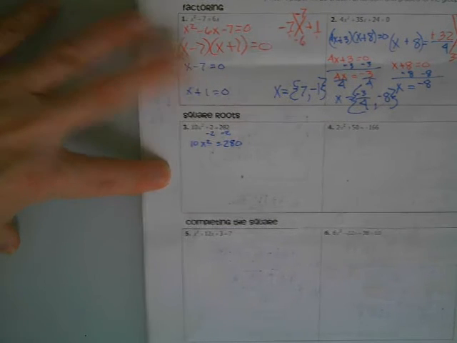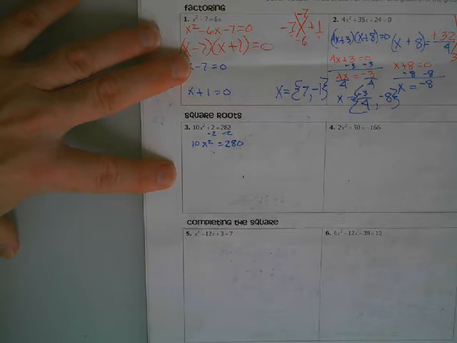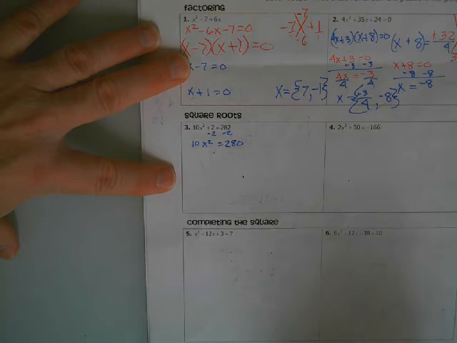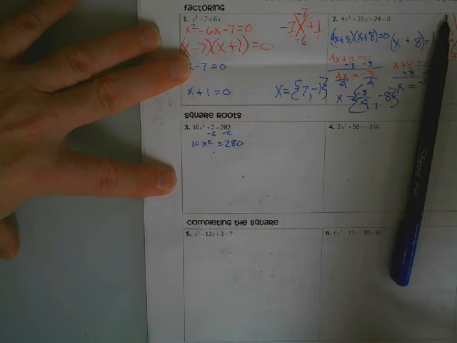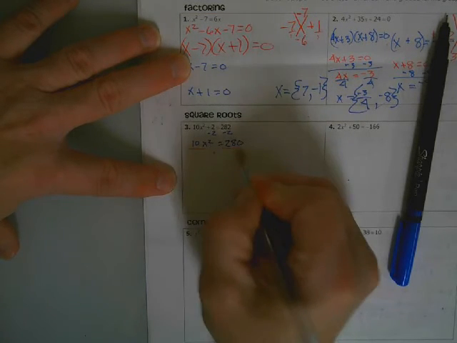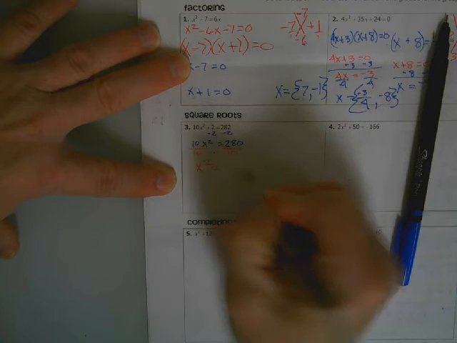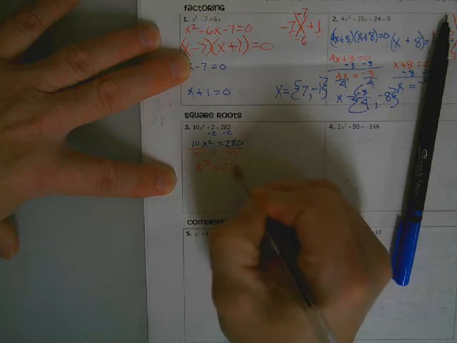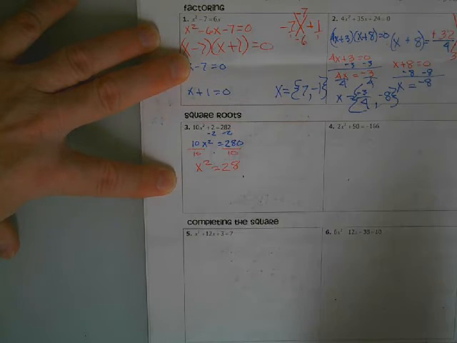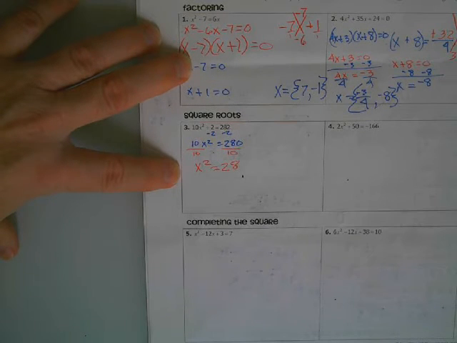So Serenity, what would you do next? Excellent. So I'm dividing both sides by 10. And I have x squared is equal to 28. Now, Jaden, what would I do next?